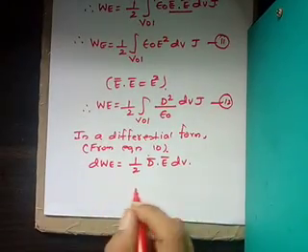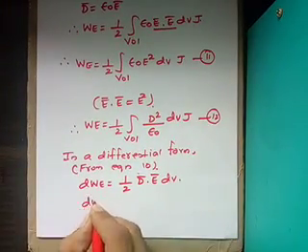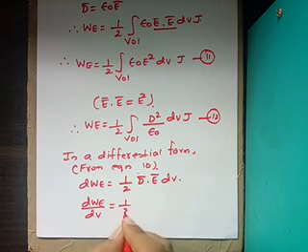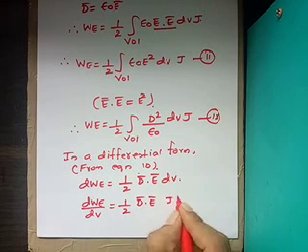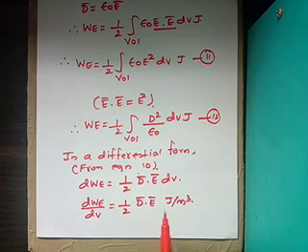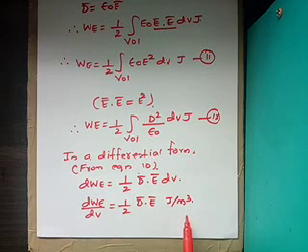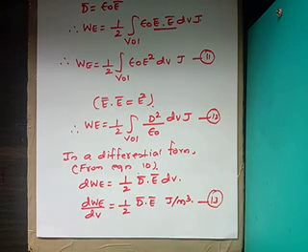Now I can write dwe by dv is equal to half of d bar dot E bar joule per meter cube, because it is energy divided by volume. Energy unit is joule, volume unit is meter cube, so it is joule per meter cube. Take this as equation 13.